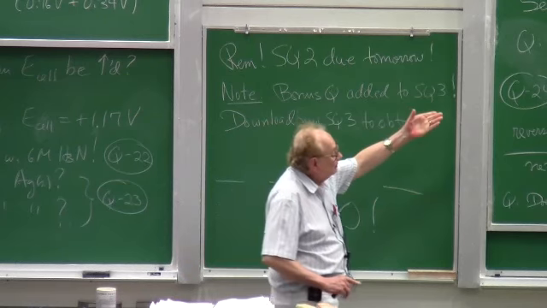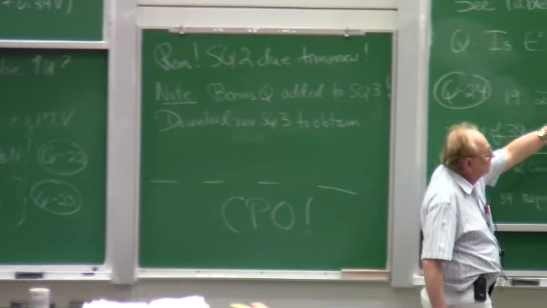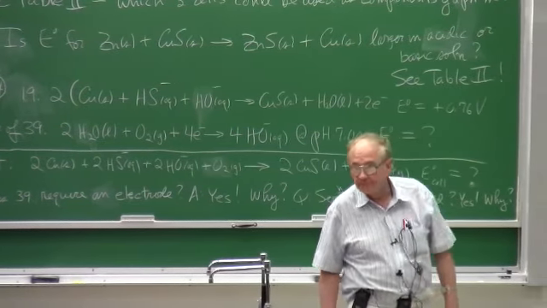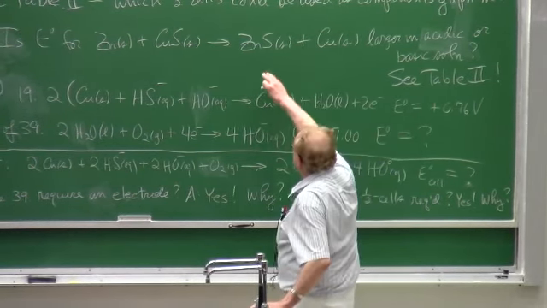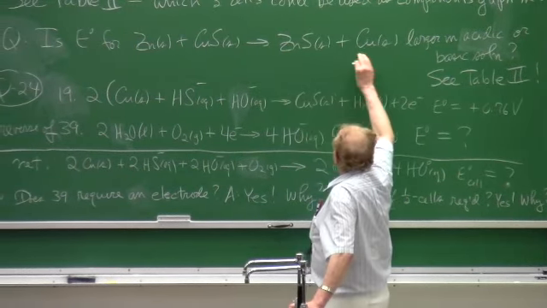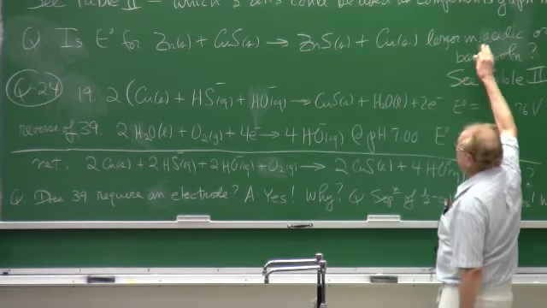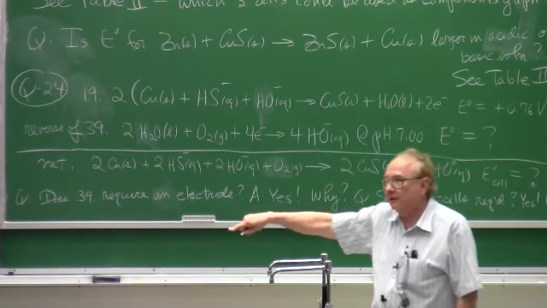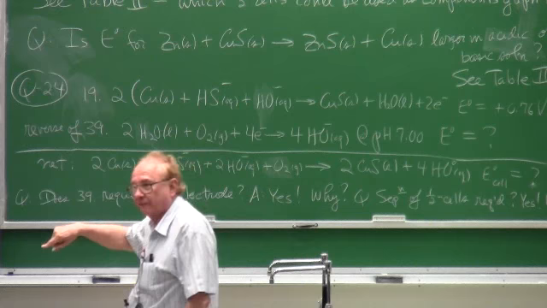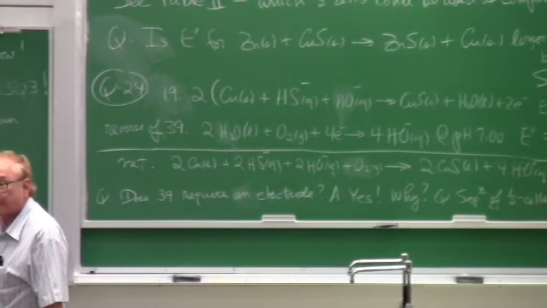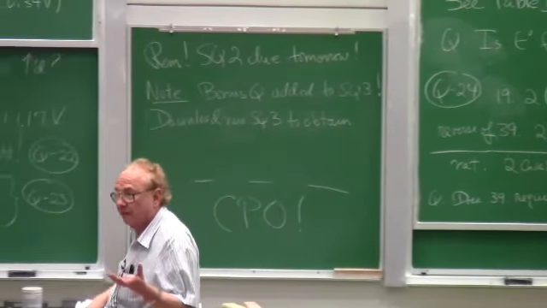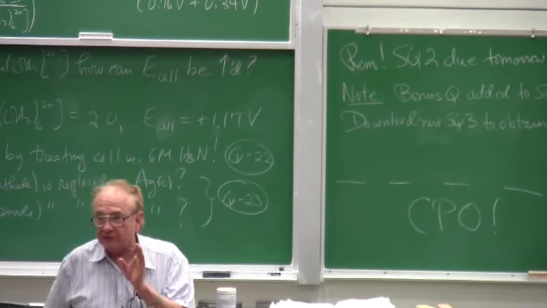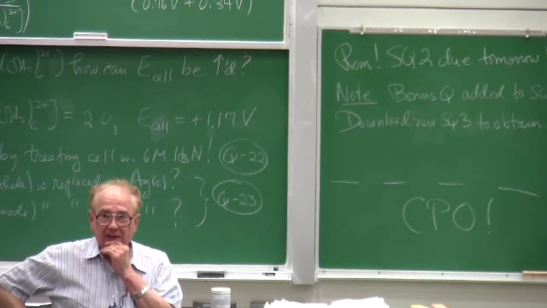So to answer this question, zinc becoming zinc sulfide, copper sulfide being reduced to copper in acidic or basic solution, since we don't have the half reaction in there that shows zinc being oxidized to zinc sulfide in the presence of H2S as the sulfide source and hydronium ion as a product, we can't really answer the question.